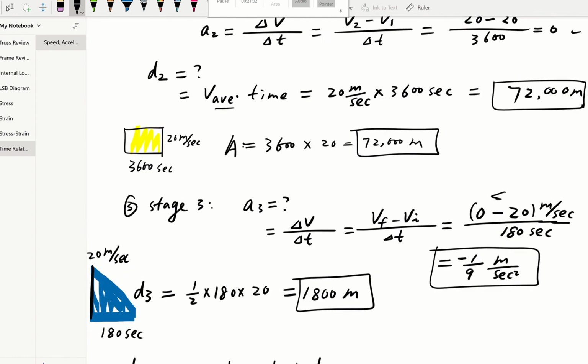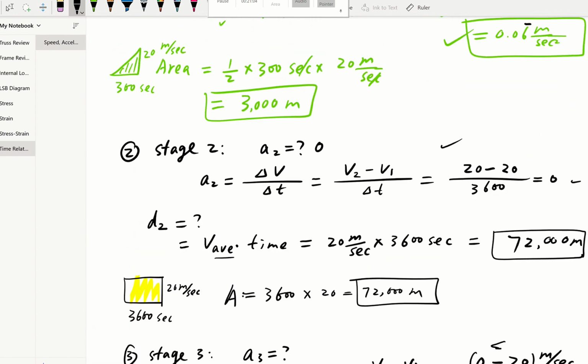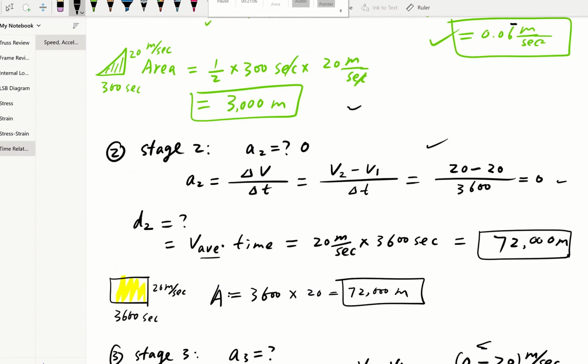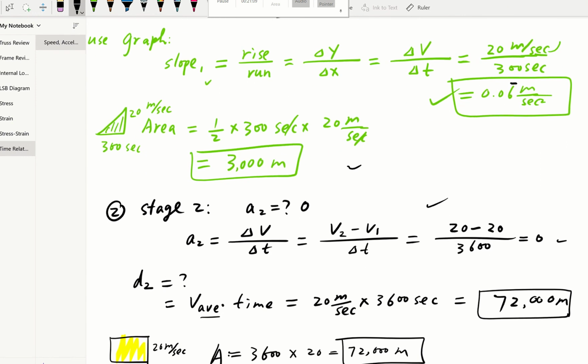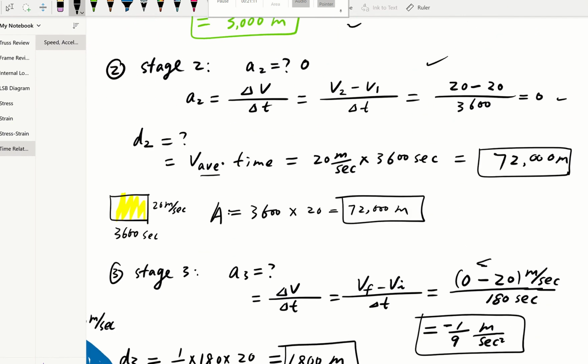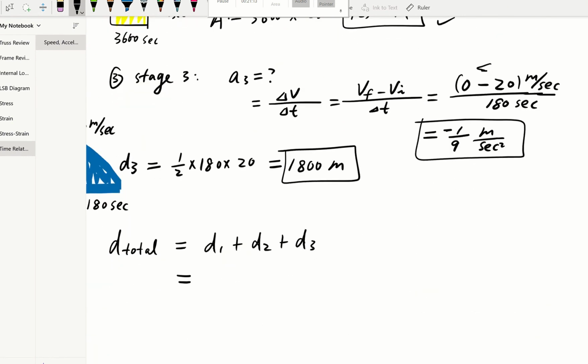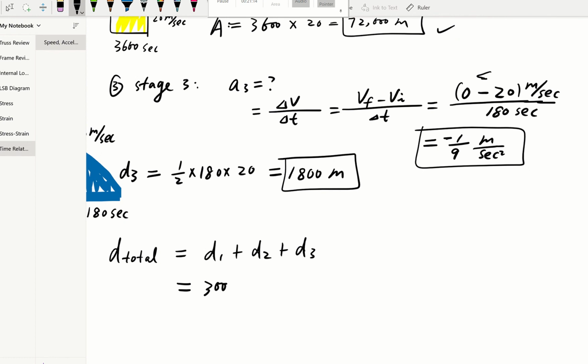So D1, what's our D1? Going back here, that's 3,000. So 3,000 plus 72,000. Then plus our final distance, that's 18,000. All right, let's add them together. See what we have.